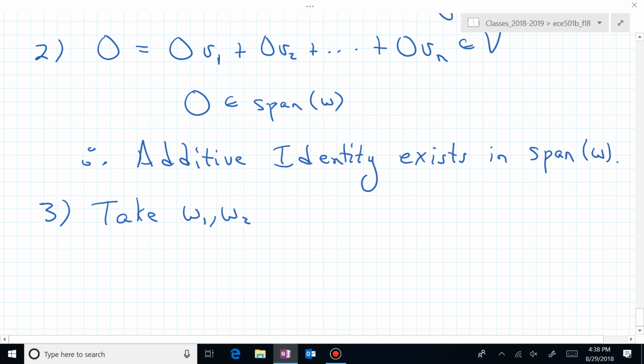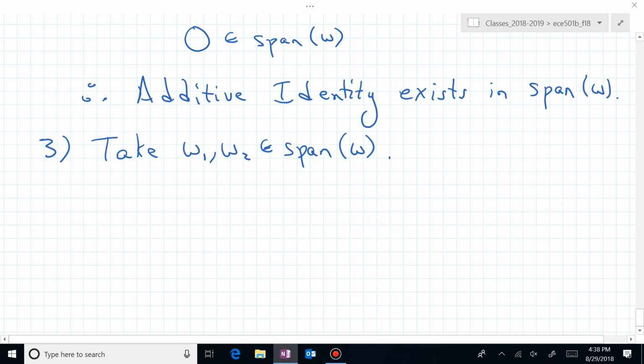So let's take W1 and W2 to be contained, or elements, in the span of W.